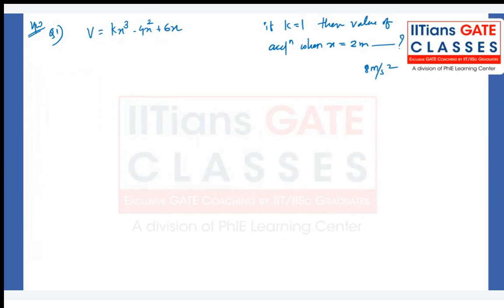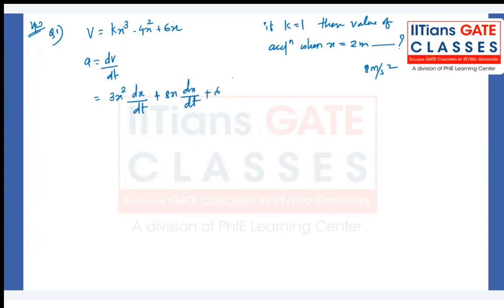What is acceleration? Acceleration is the change in velocity with respect to time. So it is 3x^2 dx/dt, basically, right? Plus 8x dx/dt.